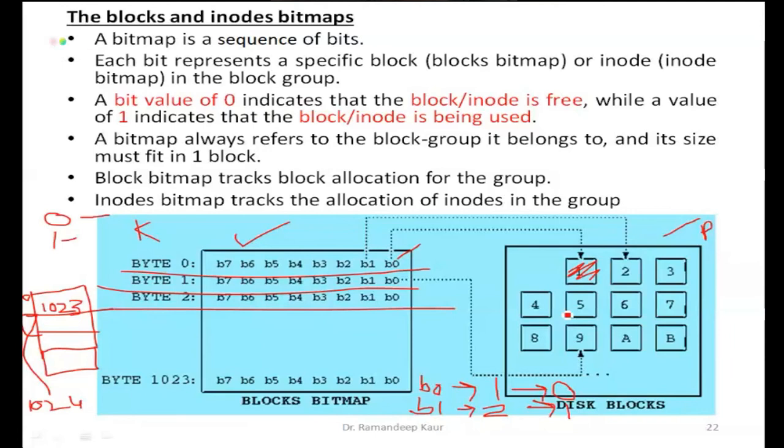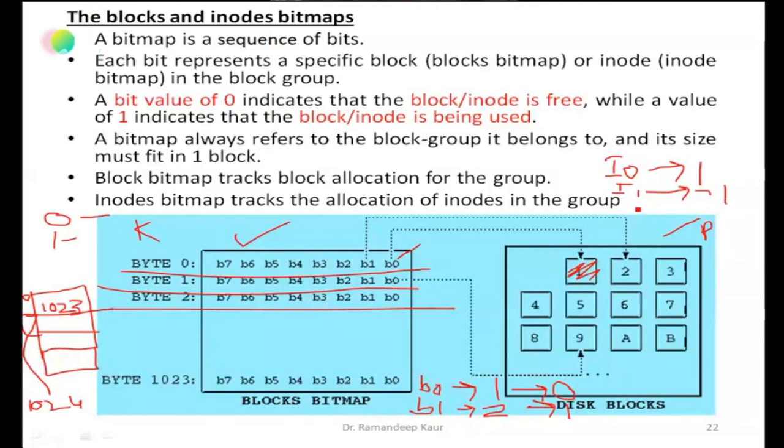Likewise, similar information is maintained by our inode bitmap also, which stores which inode number is free, which inode number is available. So it will store information like inode 0. I said this is for file numbers, this is for your files. This will always occupy your root directory, so it will always represent a value 1.